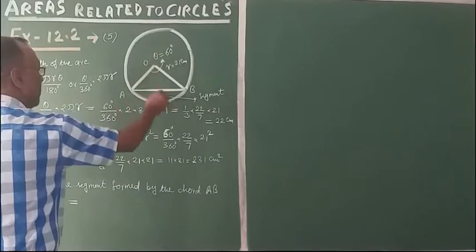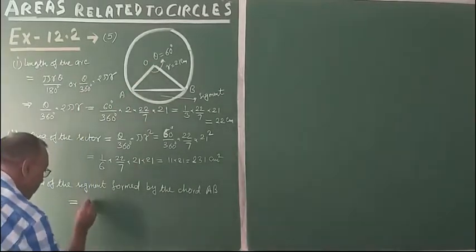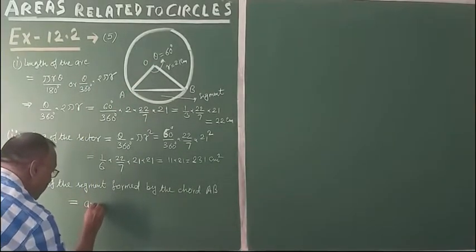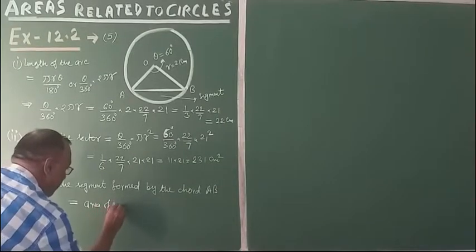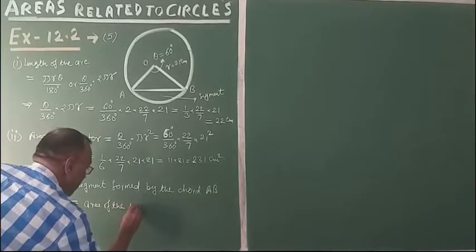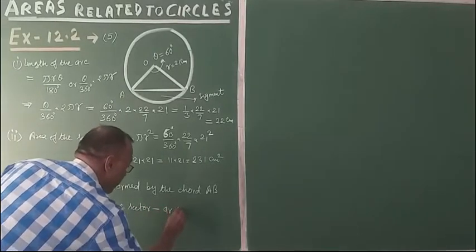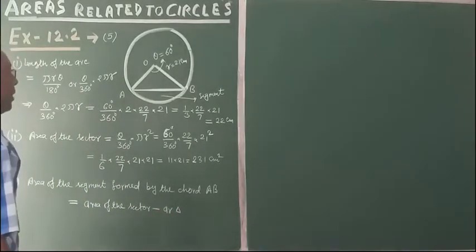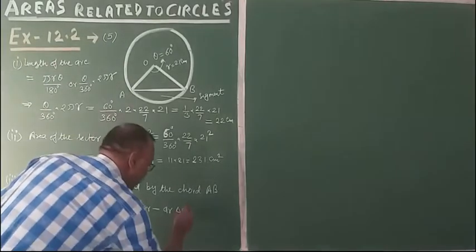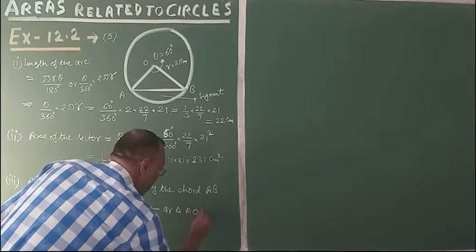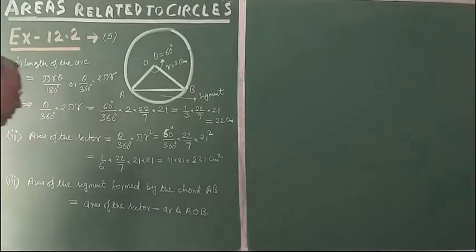Area of the segment is equal to area of the sector minus area of triangle AOB. Now just look at triangle AOB.